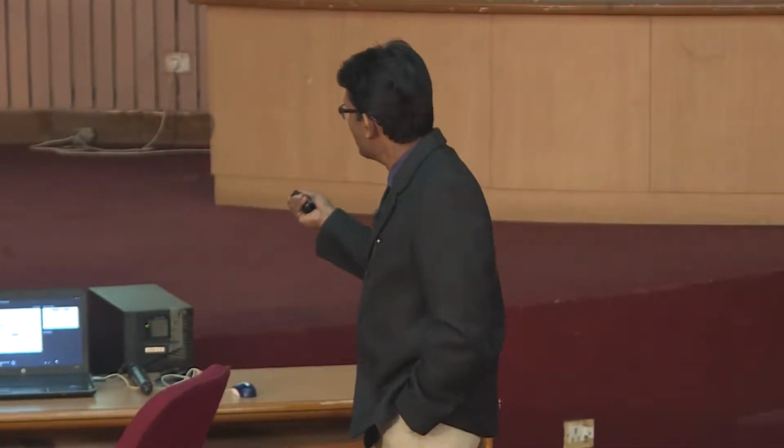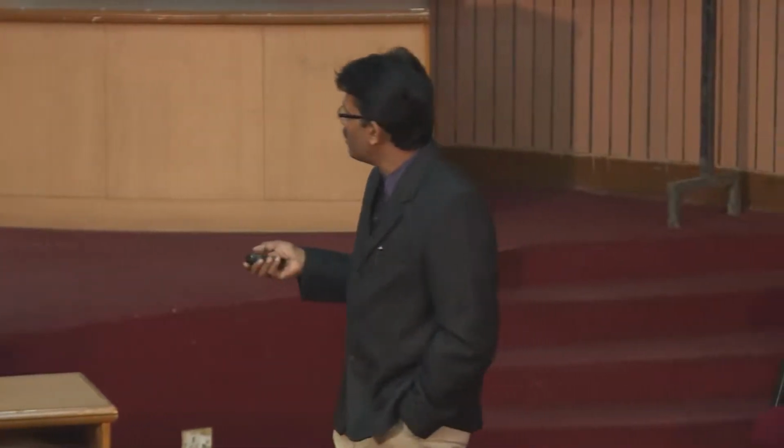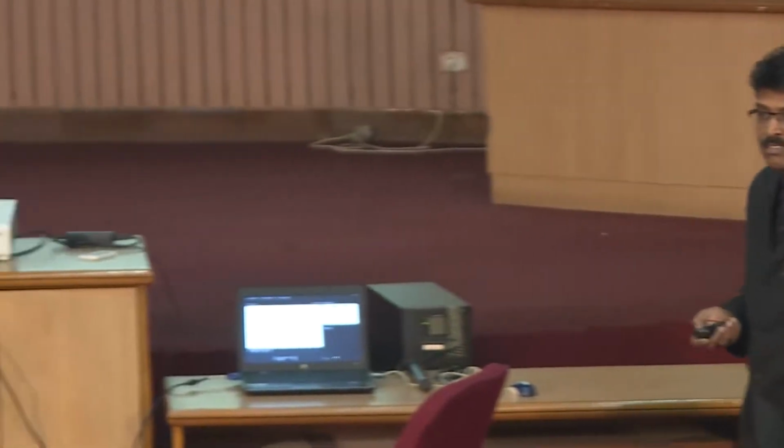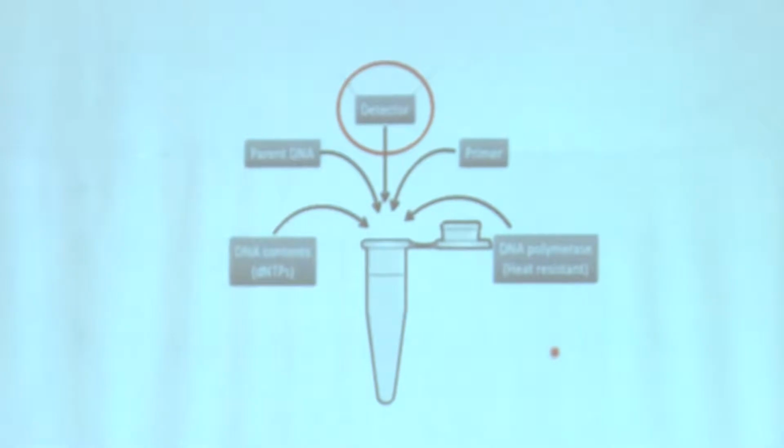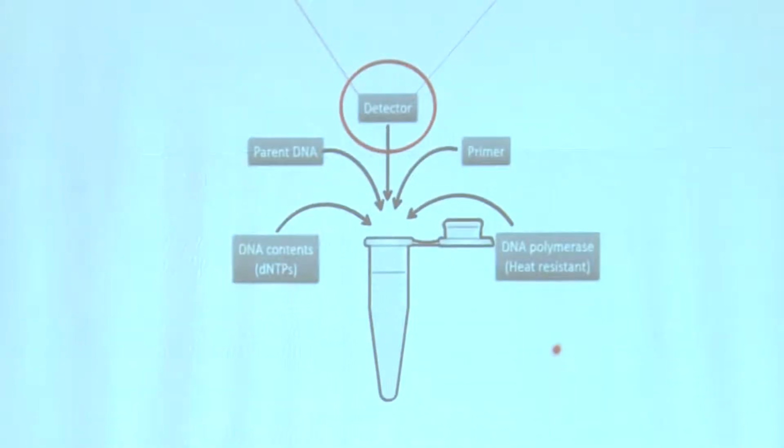So, the detector. You know all other ingredients, right. DNA is from your side, primer of course you designed it, and these chemicals are purchased, right. So, now the question is what is this detector, who is going to supply it, and how to procure it. So, right now we have two major classes of detectors.